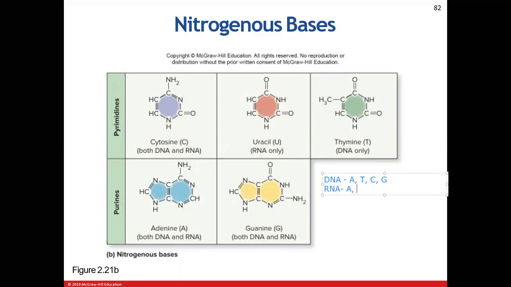It involves A, U, C, and G. So there are a couple differences, and those are the bases that you're going to want to make sure you know and understand as far as where they're located, in which macromolecule, whether it's RNA or DNA.